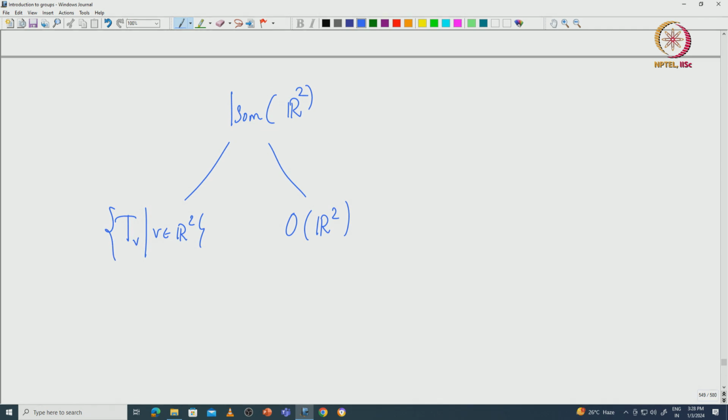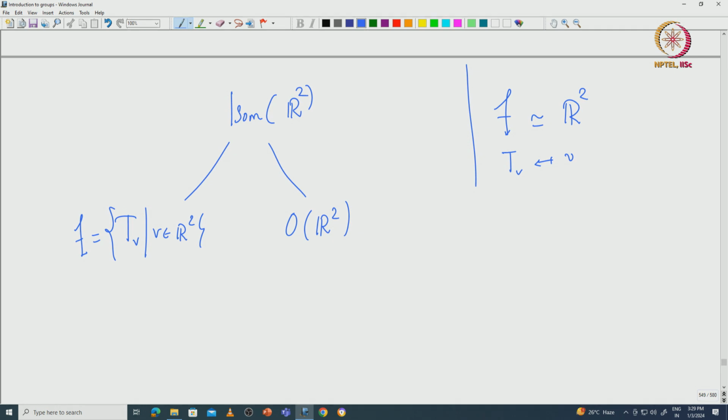These translations are naturally isomorphic to R2, because given any v you have this T_v, and that T_v behaves exactly as the vector v. Whenever you add the vectors, the maps also get composed.